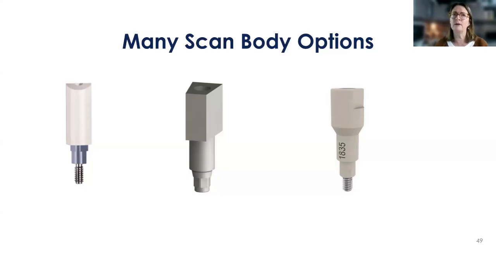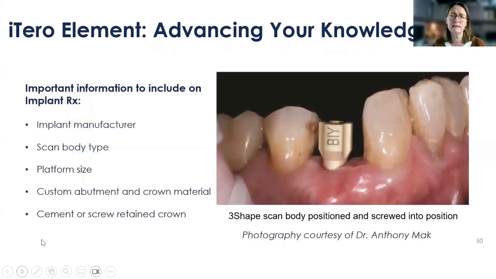That will be for your custom abutment. It's also very important to take a radiograph of the scan body when it's in place. You want to make sure that you are communicating to the lab who the implant manufacturer is, like what's in the bone, right?